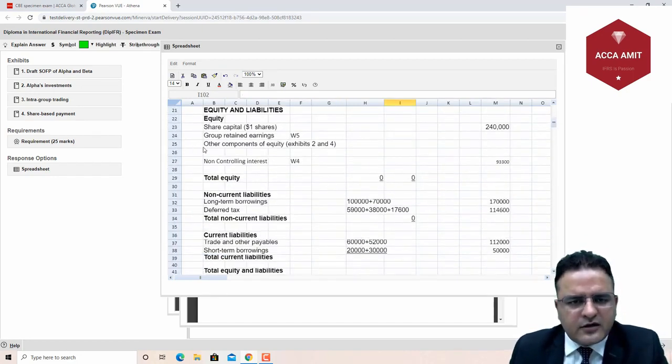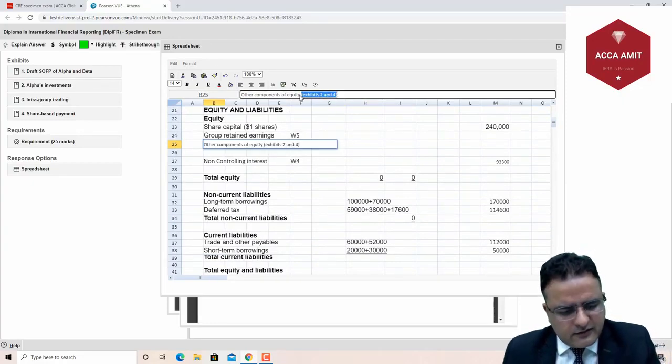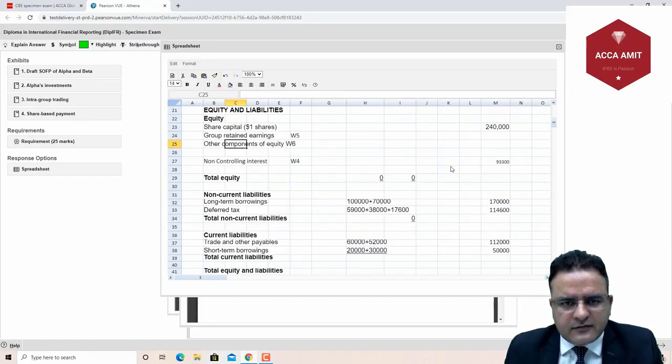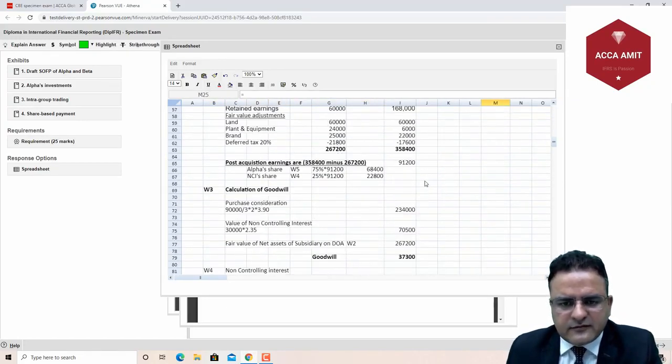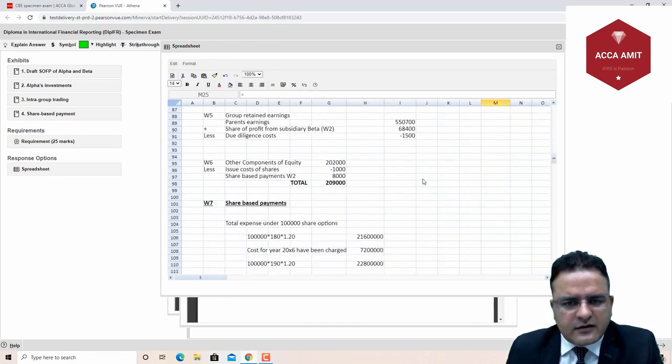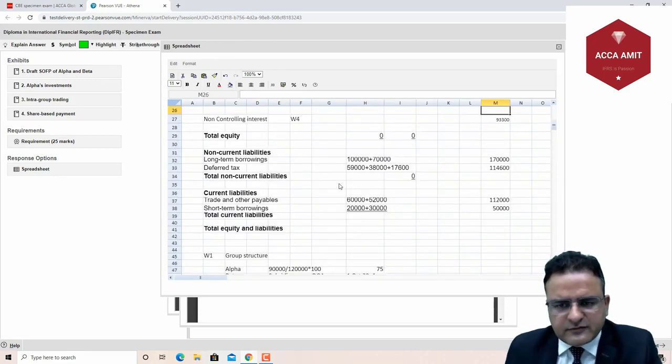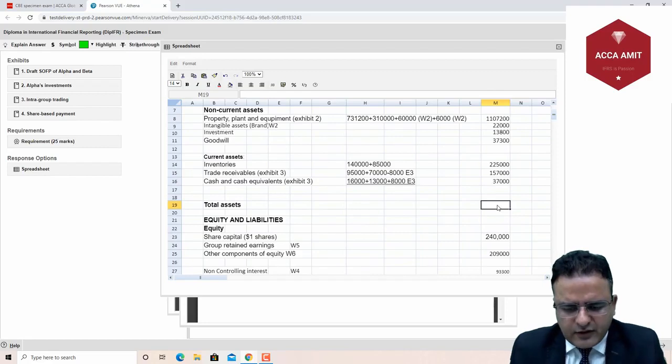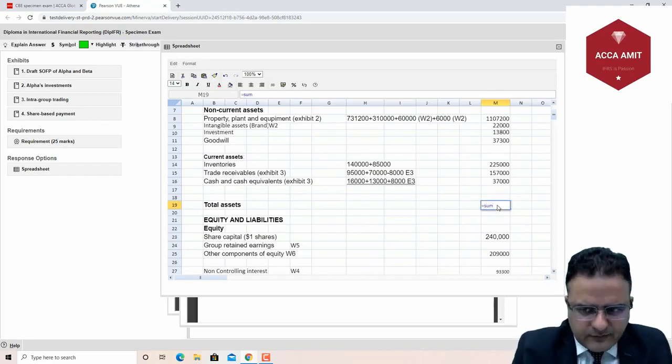So we'll be including other components of equity as working note number 6. The total amount to be included is equivalent to 209,000. So total assets value is equivalent to sum.